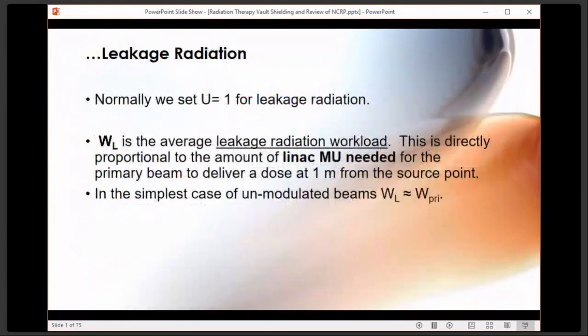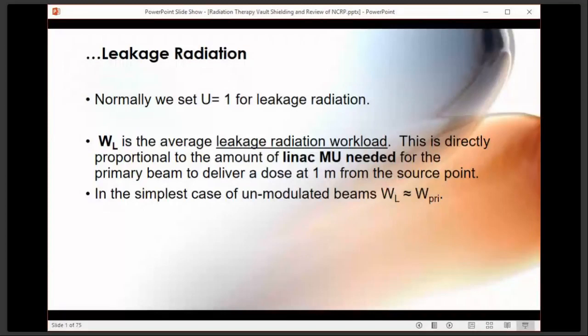For leakage radiation, we normally say that the use factor is 1 because it's so isotropic in terms of where it's going, all directions pretty much equally, but not truly. The workload, though, is the average.